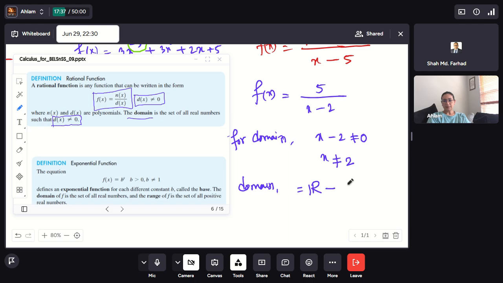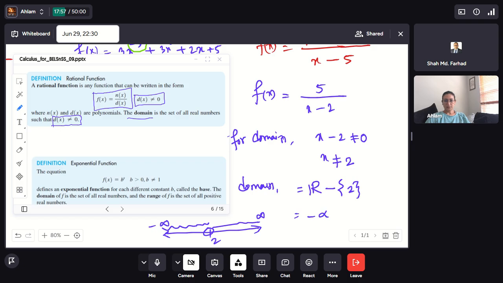We can write this following the number line. So it will be negative infinity to 2, and then 2 to positive infinity.